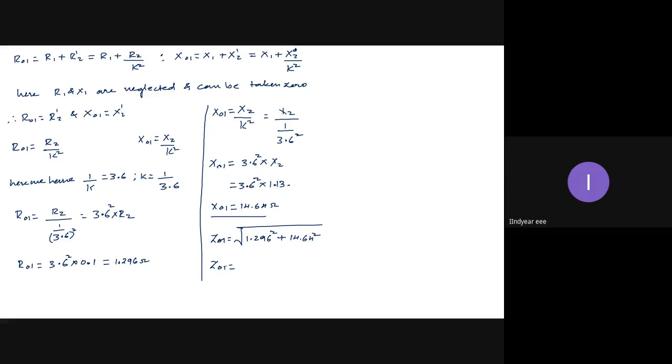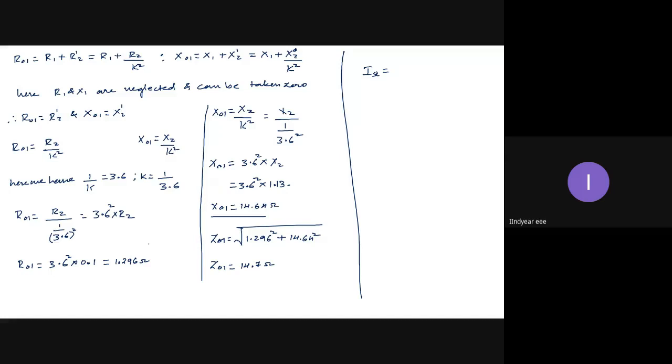That is 14.7 ohms. So IST, the starting current, is equal to voltage per phase divided by Z01.